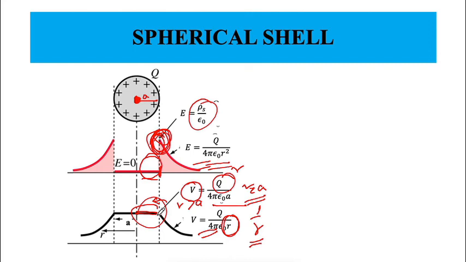Inside you do not have to spend any more energy, which means that the potential must remain constant. Also, the potential can't change in a discontinuous manner. So the potential will be continuous, equal to q by 4 pi epsilon naught a, the maximum value. Inside also it will be the same value, up to the center of the cell.